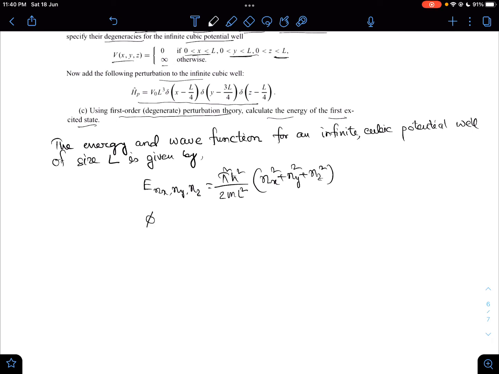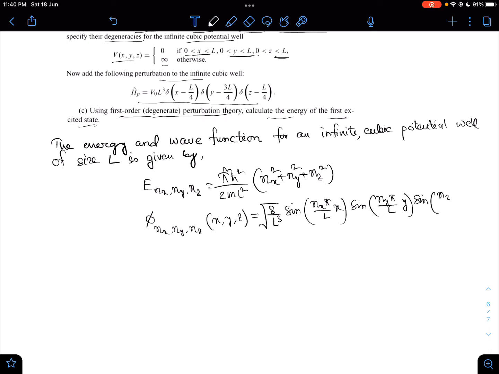The wave function is phi nx ny nz, a function of x, y, z, and this is given by root under 8 by L cube, sine nx pi by L into x, sine ny pi by L into y, sine nz pi by L into z.